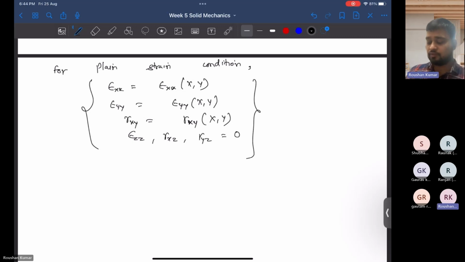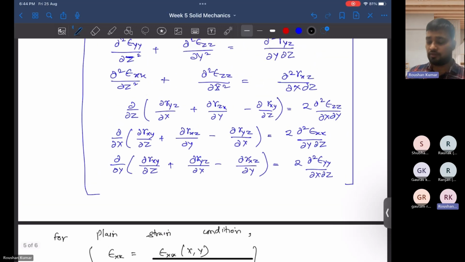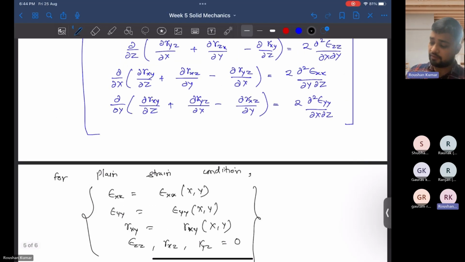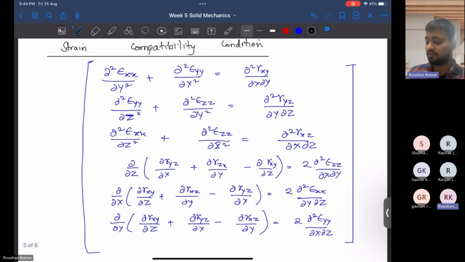If we find the compatibility equations for the plane strain condition, five of the equations are already satisfied, because wherever a z term appears, such as epsilon zz, gamma yz, gamma xz or gamma zx, the component of that term is 0.